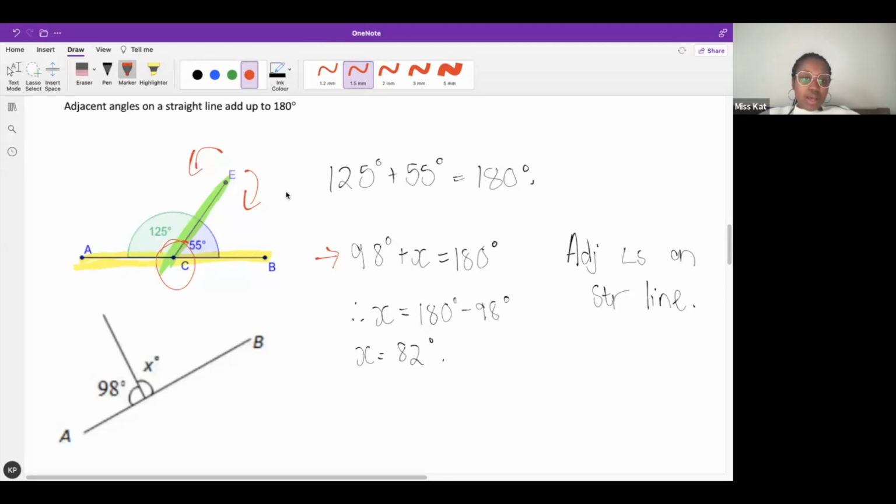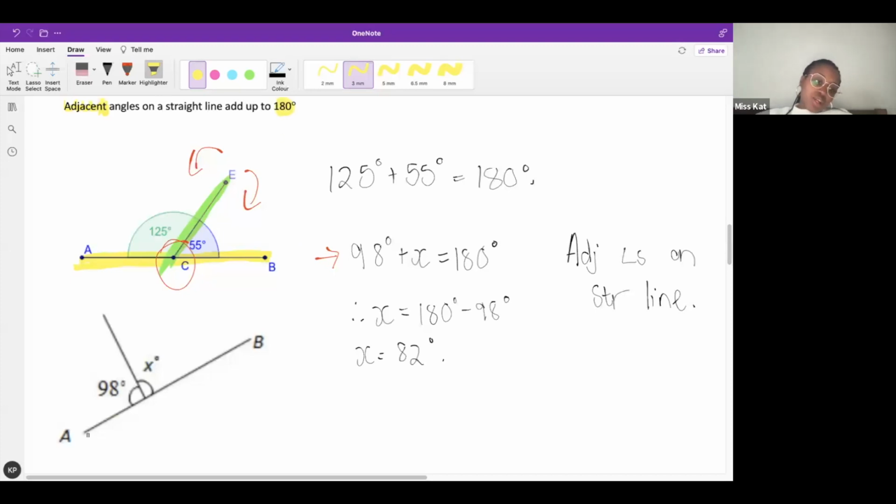Okay, Dwayne. Angles that are next to each other, adjacent. Remember we spoke about adjacent. Adjacent means next to each other. 125 and 155 are next to each other. Okay, they're adjacent. If they're on a straight line, which I highlighted so terribly, ACB is a straight line. Can you see that? If those angles are on a straight line, they will add up to 180 degrees.